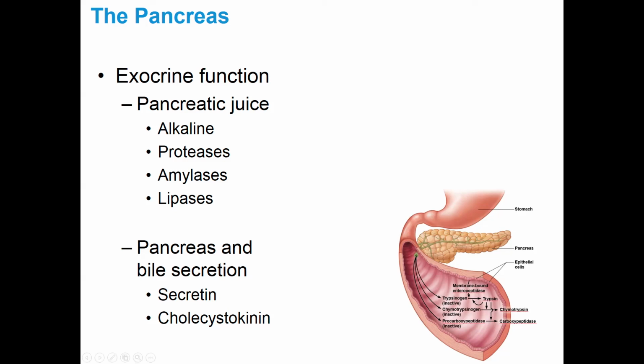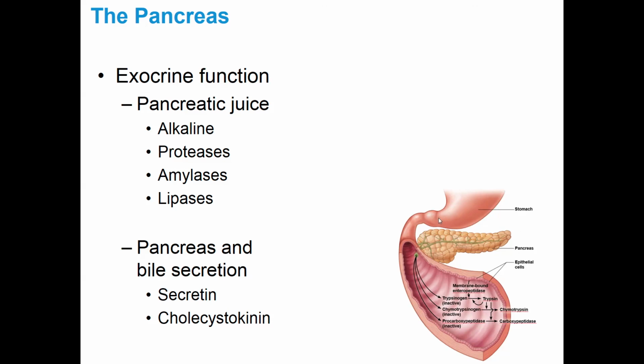So thinking back to when we talked about the stomach, remember you've got the stomach on this picture. So you've got the stomach, and then you have the small intestine starting here. So you've got the sphincter here, and then the duodenum. So again, the proximal part of the small intestine. And so the fact that the pancreatic juice is alkaline is important because, again, the chyme leaving the stomach is going to be fairly acidic.